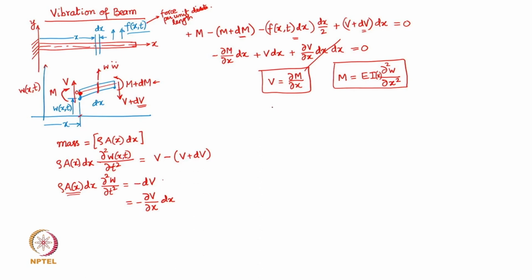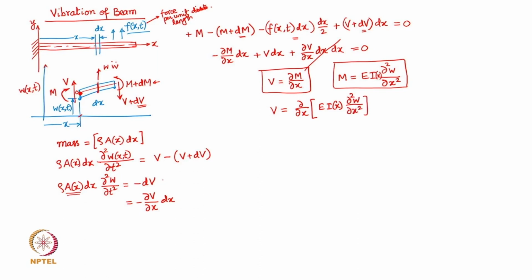With this I can write V as dou by dou x of E Ix, that is I at a position x, dou 2w by dou x square. It is implicit here that w is a function of both x and time.